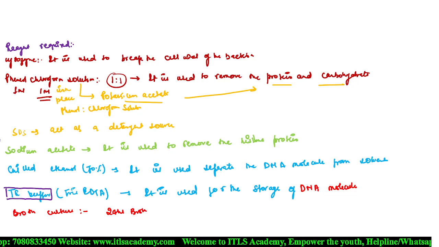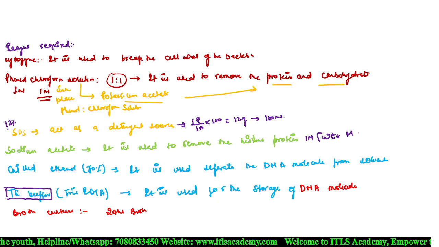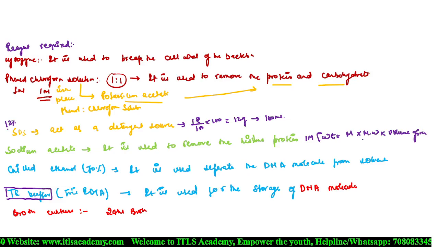Okay. SDS is prepared at 12%. Like if you have to prepare it in 100 ml, then 12 by 100 multiplied by 100, that is 12 gram in 100 ml. Sodium acetate is prepared at 1 molar, so you can use the formula: weight is equal to molarity multiplied by molecular weight multiplied by volume given, divided by 1000.